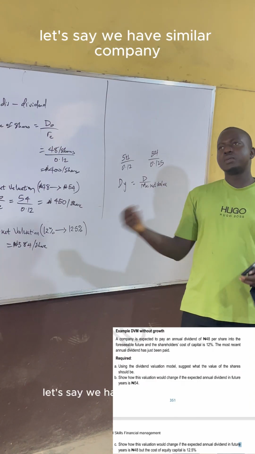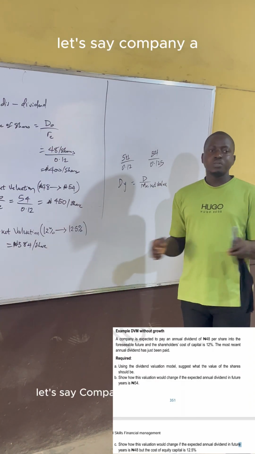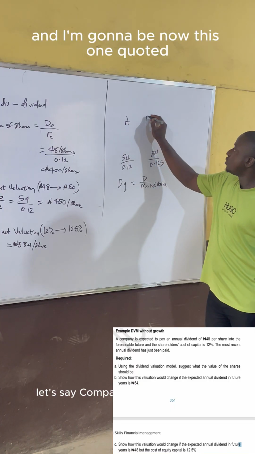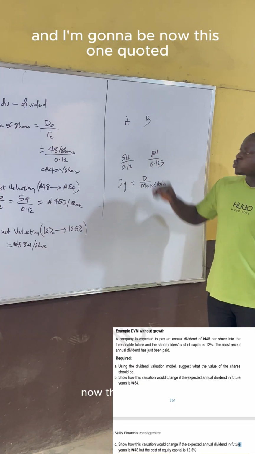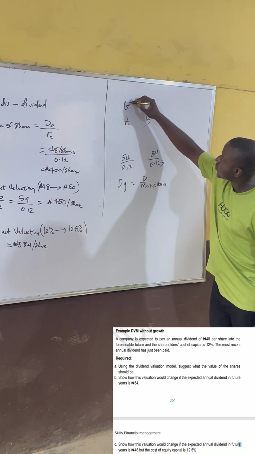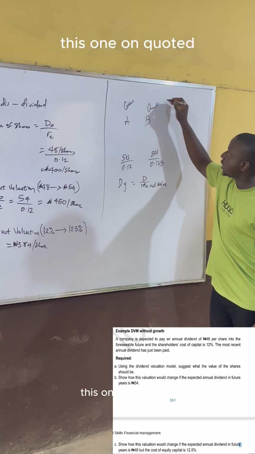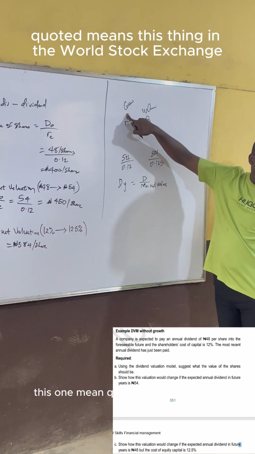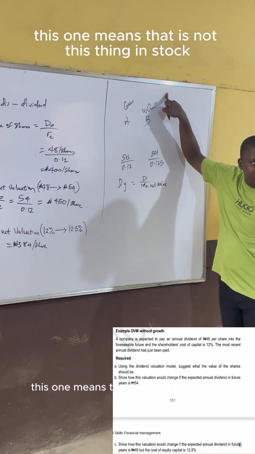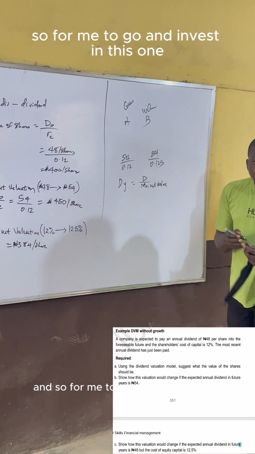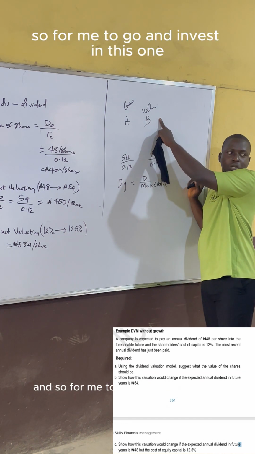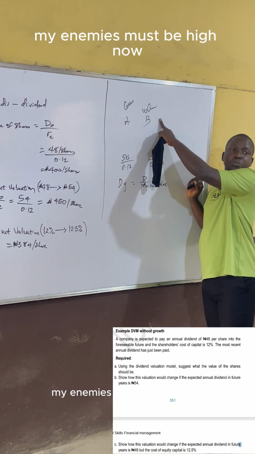Okay, let's say we have similar companies, company A and company B. This one is quoted, this one is unquoted. Quoted means listed on the stock exchange; unquoted means it's not listed. So for me to invest in the unlisted one, my earnings must be high.